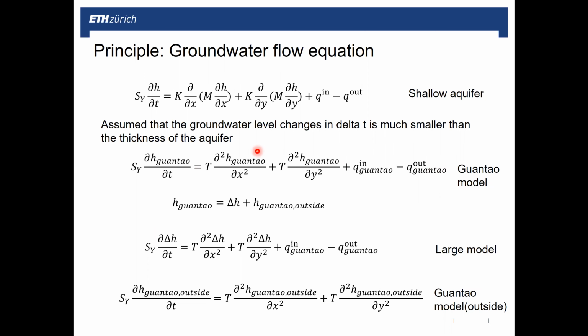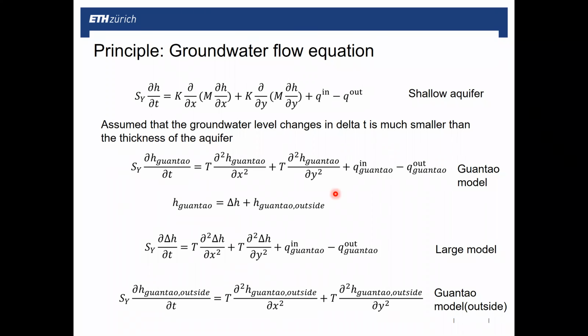And someone may question that your groundwater decreases so fast, you can't meet this assumption. But since this is a numerical model, you can discretize your time step as small as possible. That means you can definitely find smaller time steps so you can meet these assumptions.